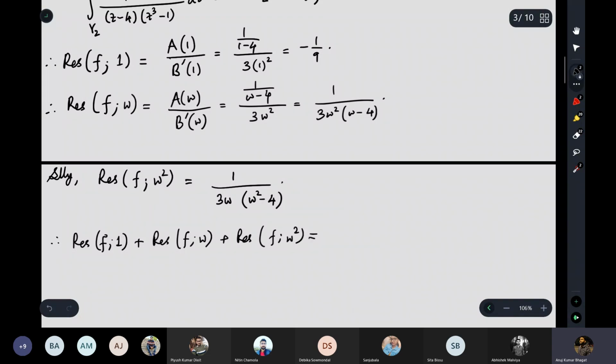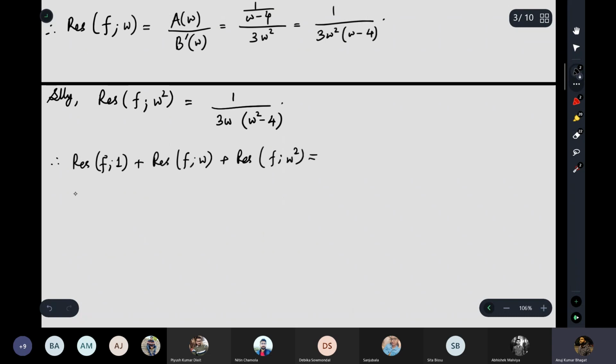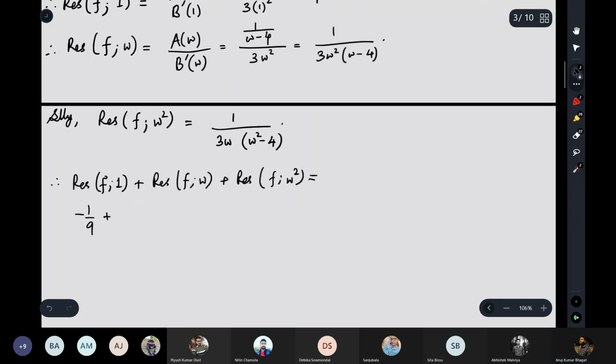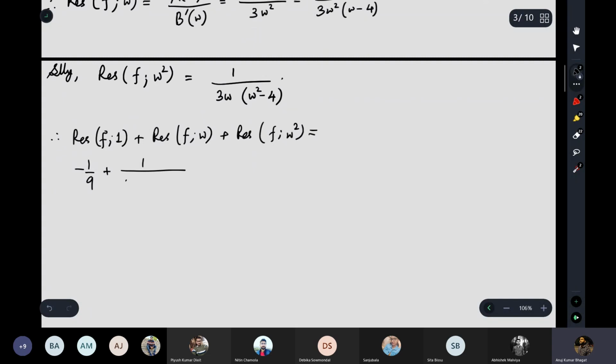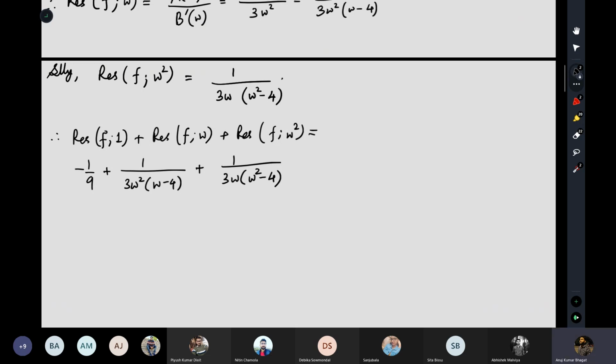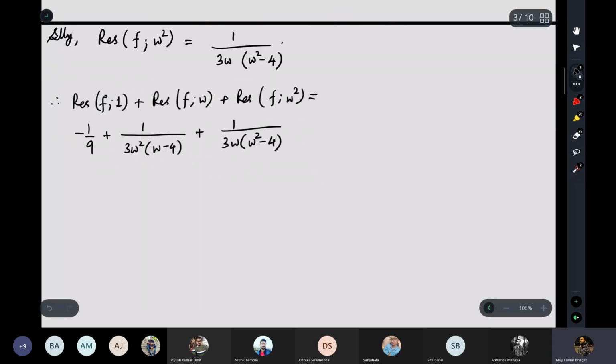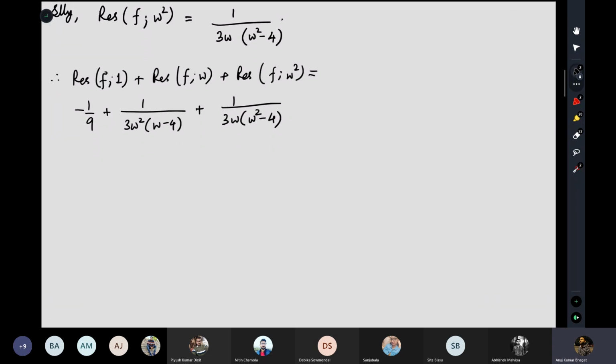This is equal to minus 1 by 9 plus 1 by 3 omega square (omega minus 4) plus 1 by 3 omega square minus 4. So here you have to calculate a bit. Anyways, I'll show you the calculation, otherwise some of you may make some mistake.